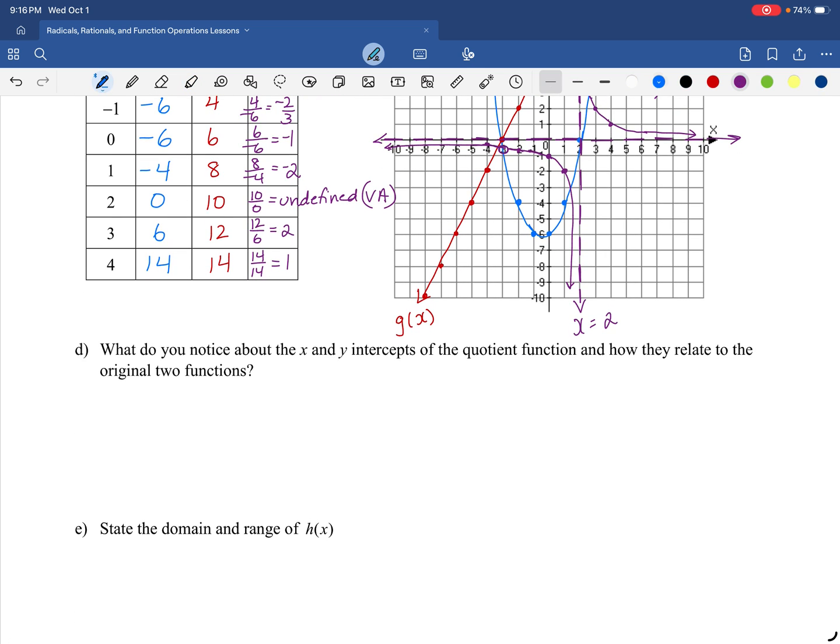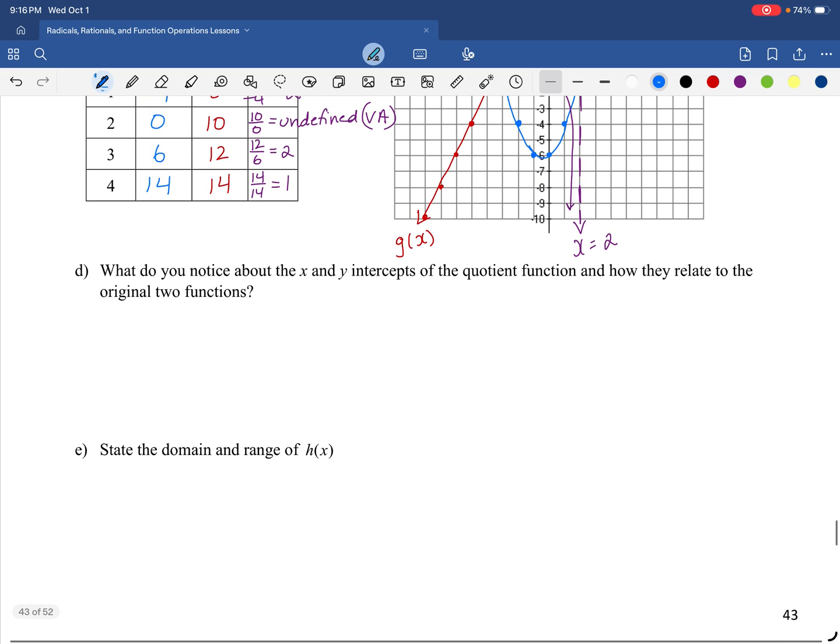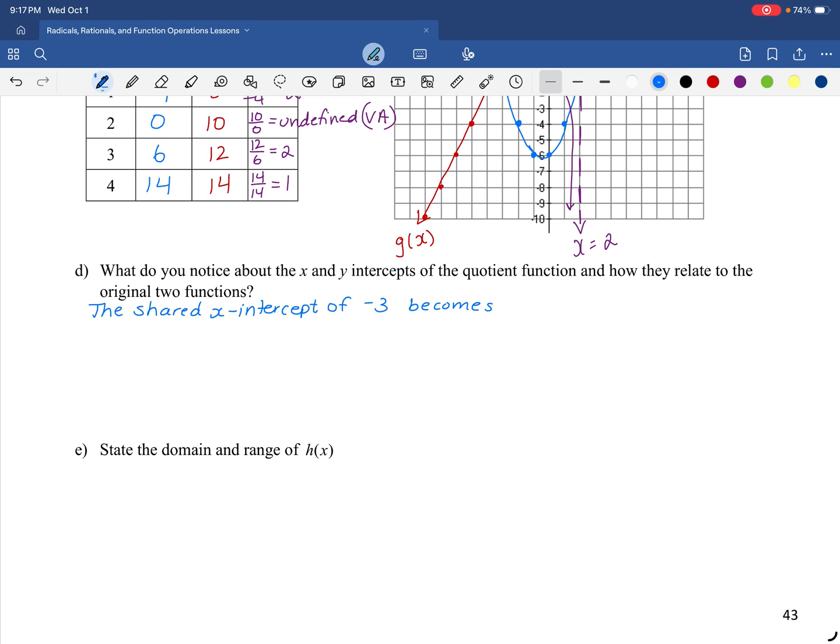Okay, so we'll say the x-intercept, or we can say the shared x-intercept of -3 becomes the point of discontinuity on h of x.